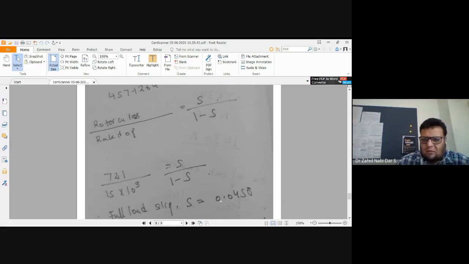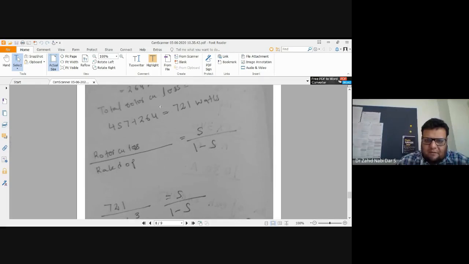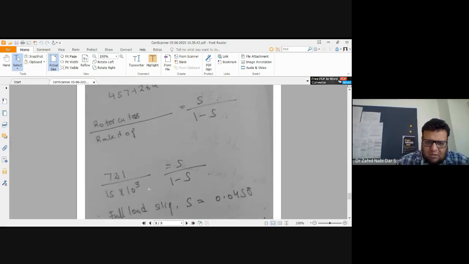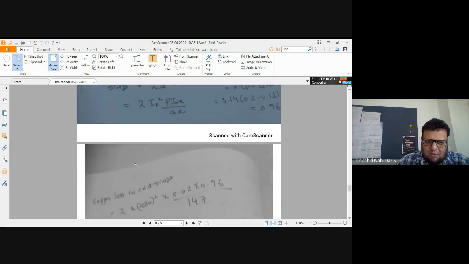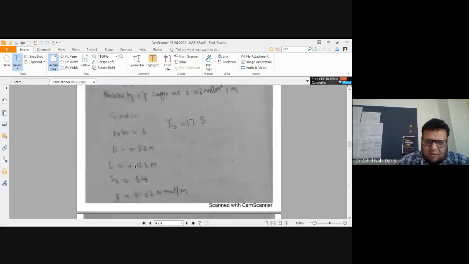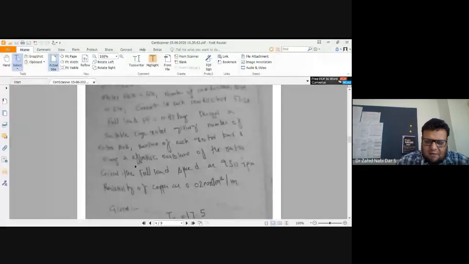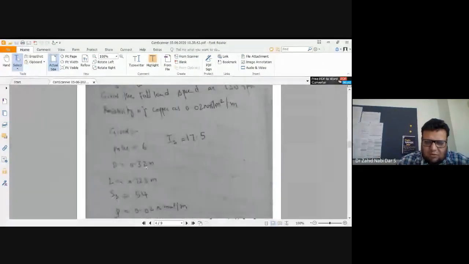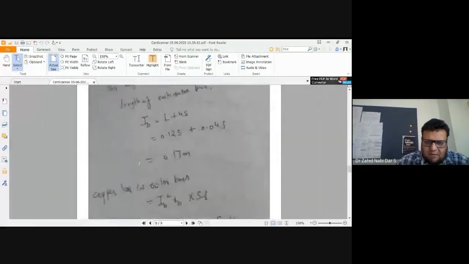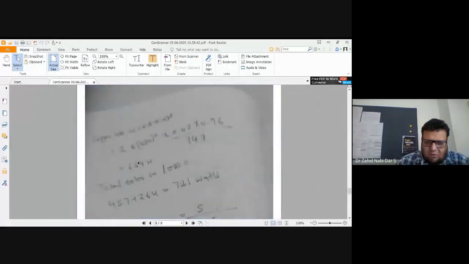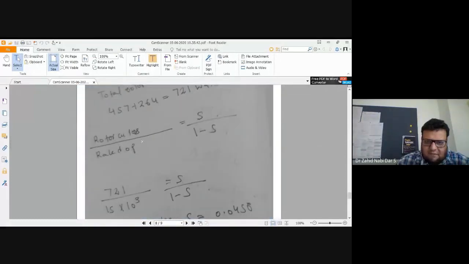You can directly also calculate your slip. So the rotor copper loss is 721 watts, divided by your rated output. If you read the problem, your rated output is 15 kilowatts, so you can do it like that also.